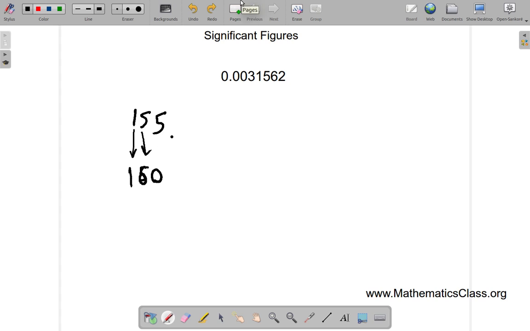Alright, so remember that. Let us look at a number now that is very small, a number that is less than 1. In this case, what we have is 0.003156.